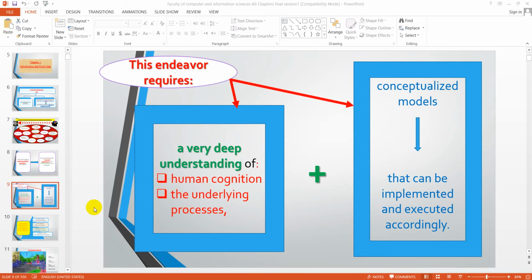So, in brief, we have two requirements for this endeavor. Number one, a deep understanding of human cognition. Number two, conceptualized models according to which we can implement and execute this intelligence in an artificial way.